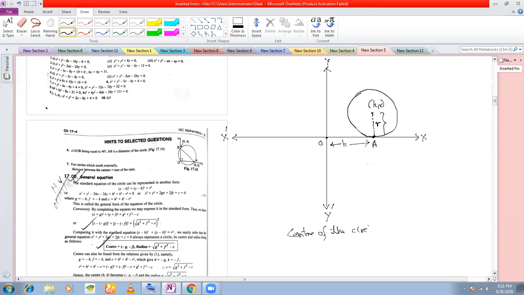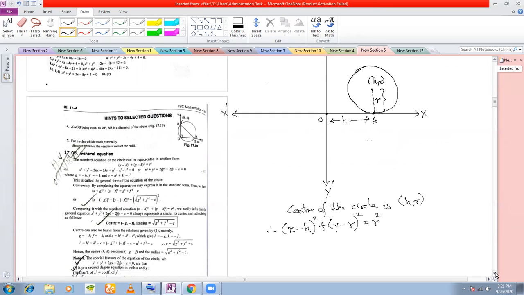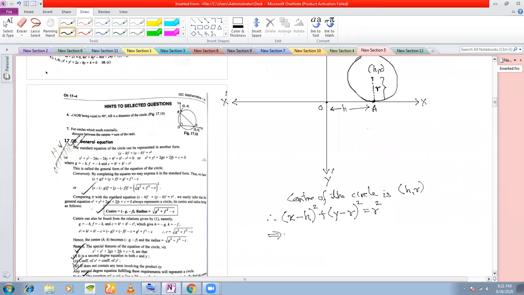So the center of the circle in this case is (h, r). What is the equation of this circle? From the standard equation of the circle, you get x minus h whole square plus y minus k, this time k is r, whole square, equal to r square. Now you can expand this: x square minus 2hx plus h square plus y square minus 2ry plus r square is equal to r square.